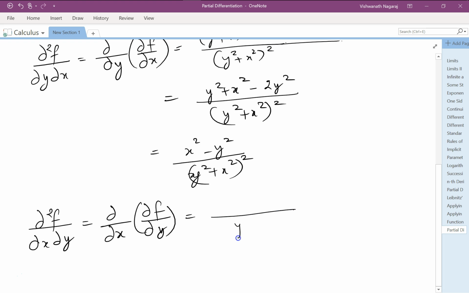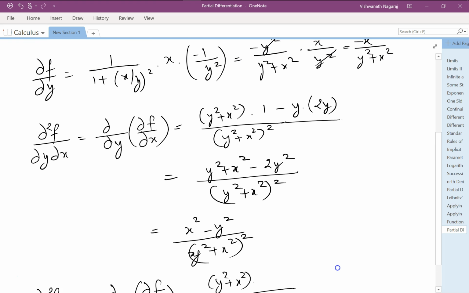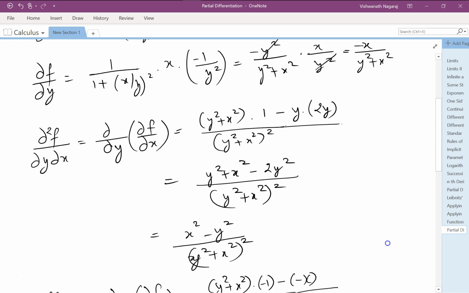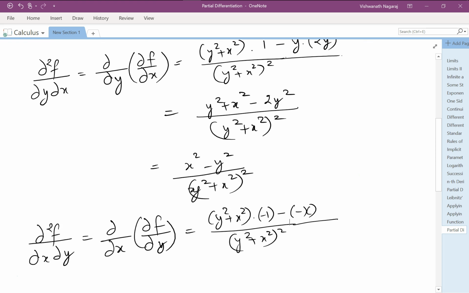So y square plus x square the whole square, y square plus x square as it is. Now we are differentiating with respect to x. So since it is minus x, it will be minus 1 minus, then minus x remains as it is, and differentiating the denominator. The denominator is y square plus x square. So here we are doing it with respect to x, so it becomes 2x.